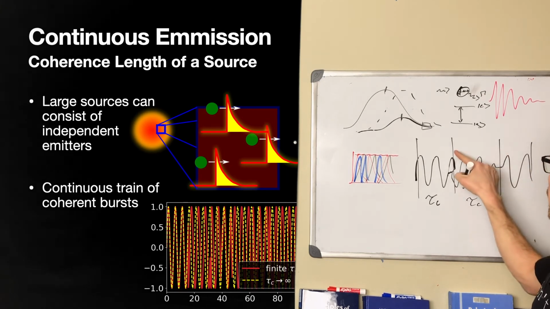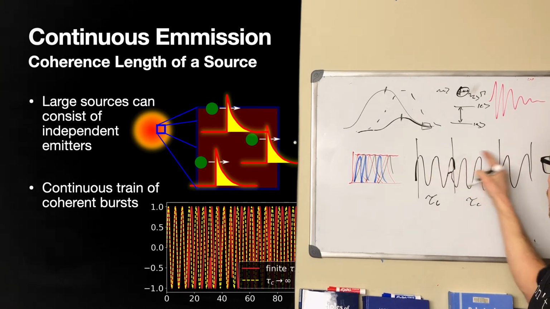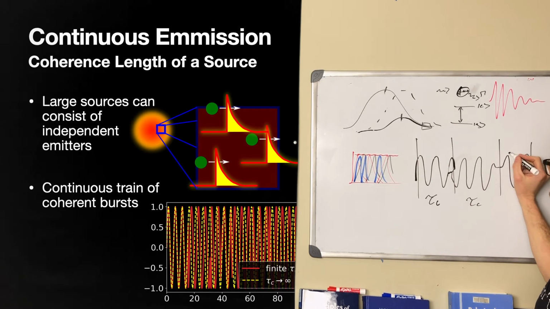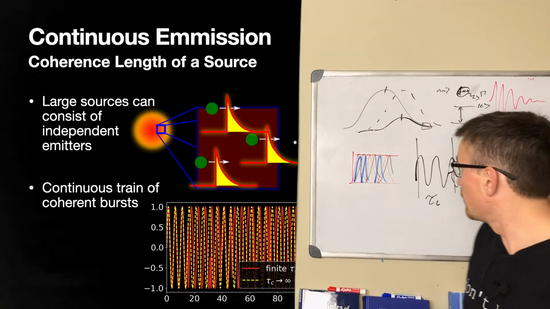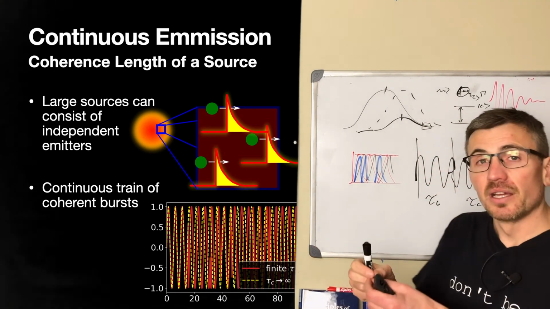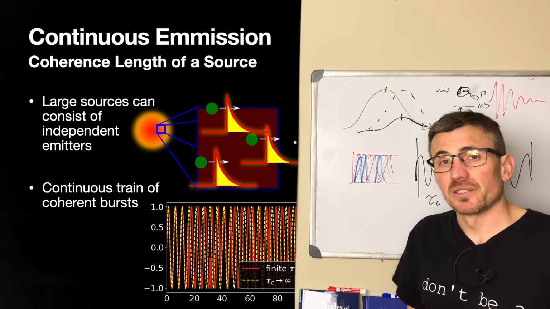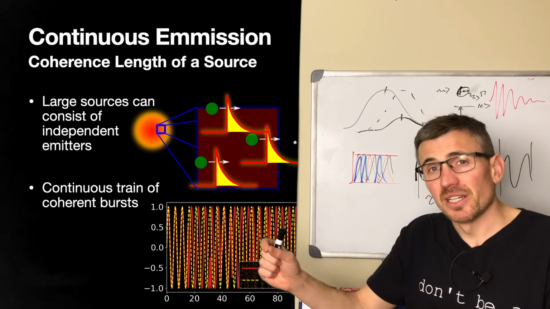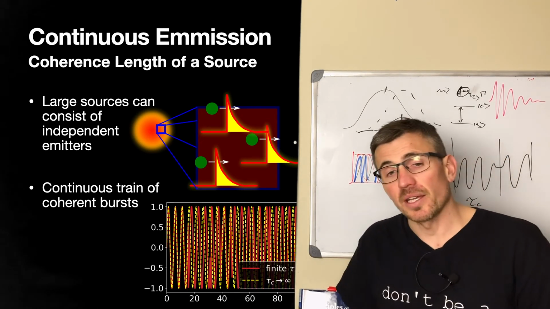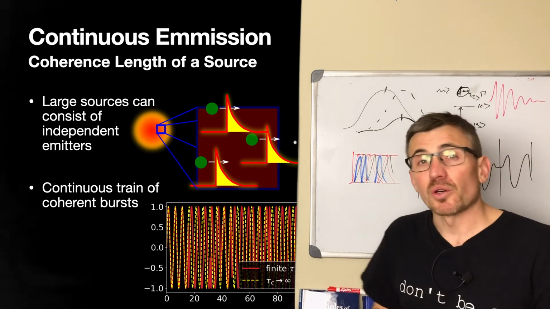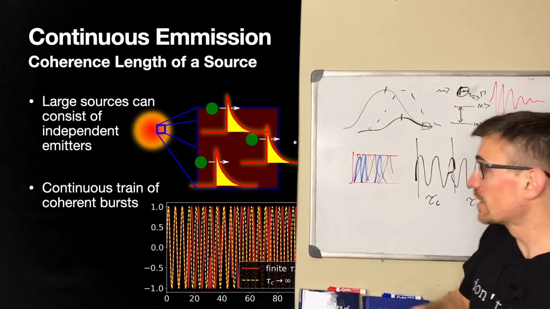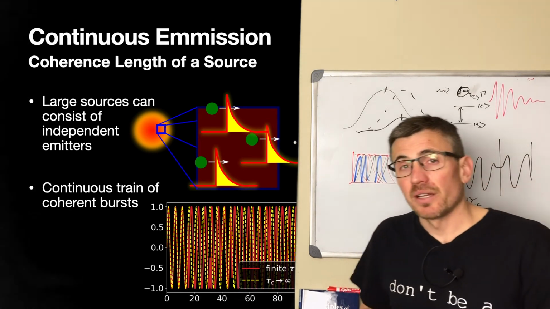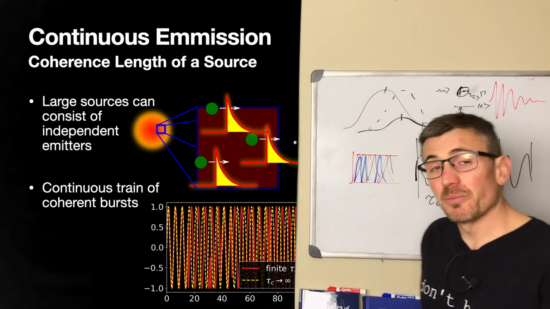It's going to be completely random whether the field at this point is a maximum or a minimum or somewhere in between, because it's due to uncorrelated emission from an extended source whose individual atoms are doing their own thing. And this leads to the concept of a coherence length for actual continuous light that is always on, if it consists of incoherent emitters.